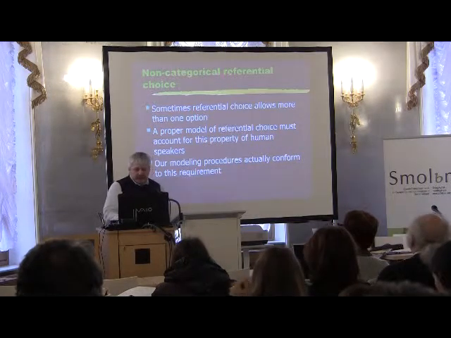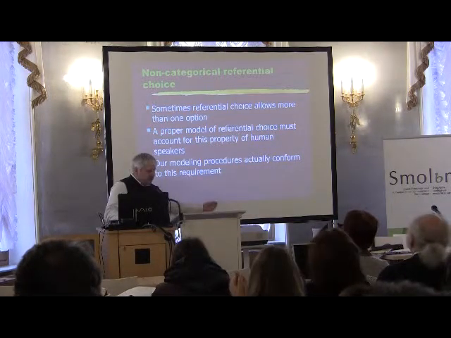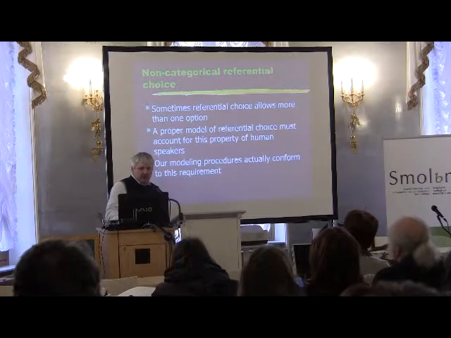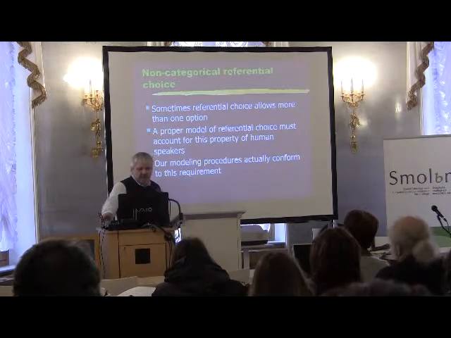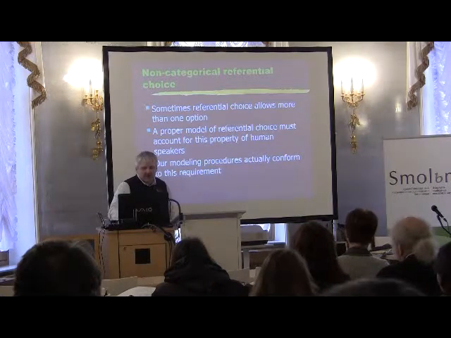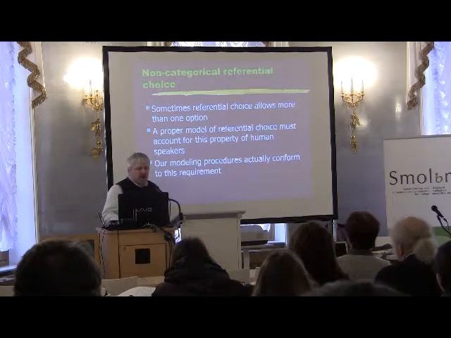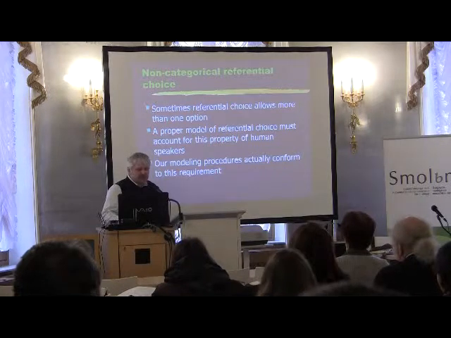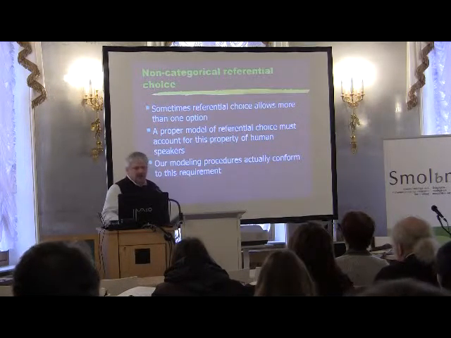So to draw some conclusions on the non-categorical referential choice, it appears that there are instances when referential choice allows more than one option, and more than one option is available to normal language users.